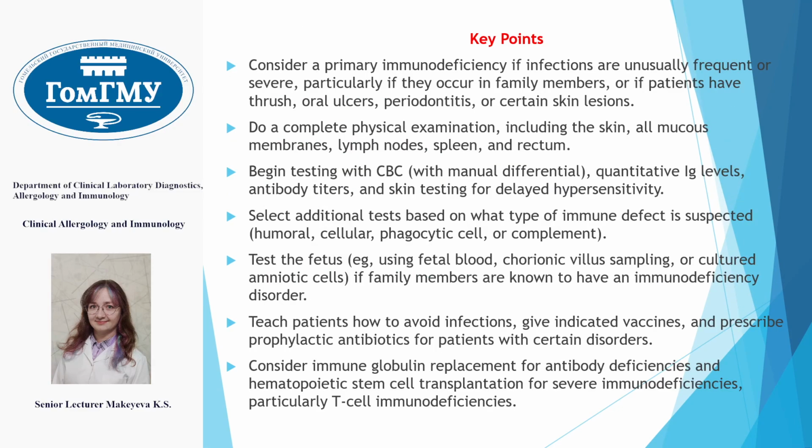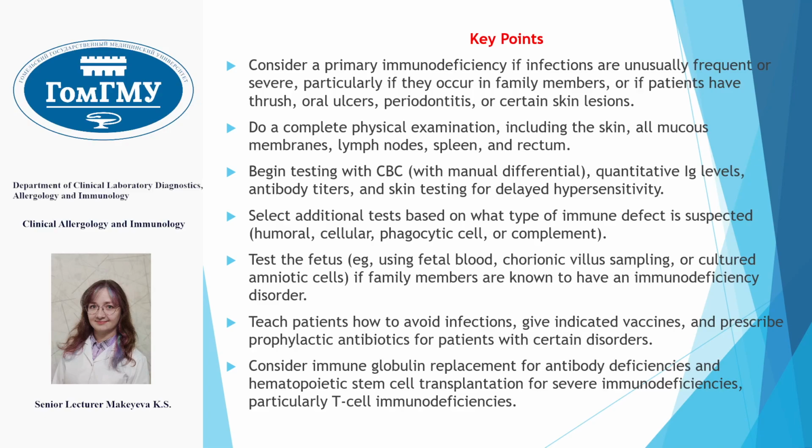Key points. Consider a primary immunodeficiency if infections are unusually frequent or severe, particularly if they occur in family members, or if patients have thrush, oral ulcers, periodontitis, or certain skin lesions. Do a complete physical examination, including the skin, all mucous membranes, lymph nodes, spleen, and rectum.